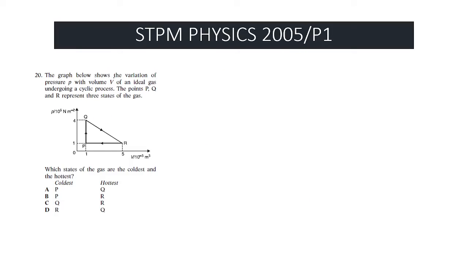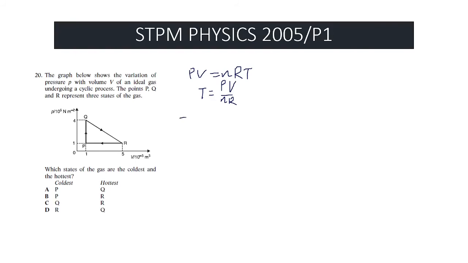The graph below shows the variation of pressure P with the volume V of an ideal gas undergoing a cyclic process. The points P, Q, and R represent the three states of the gas. Which states of the gas are the coolest and the hottest? So we use PV equals nRT, the ideal gas law, and T is equal to PV per nR.